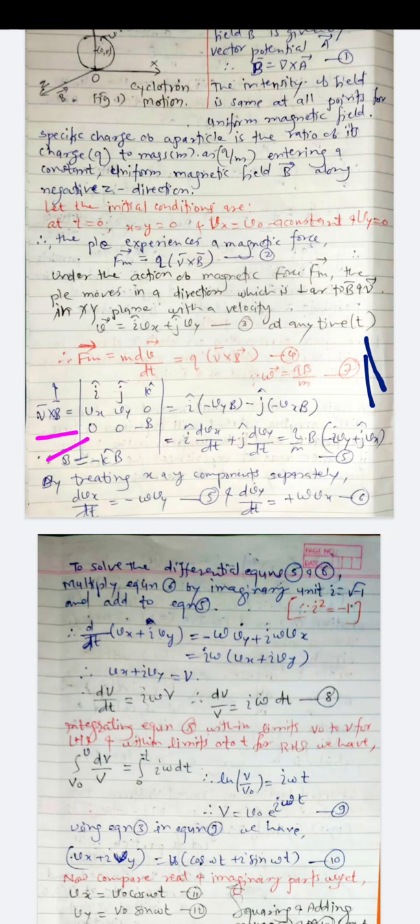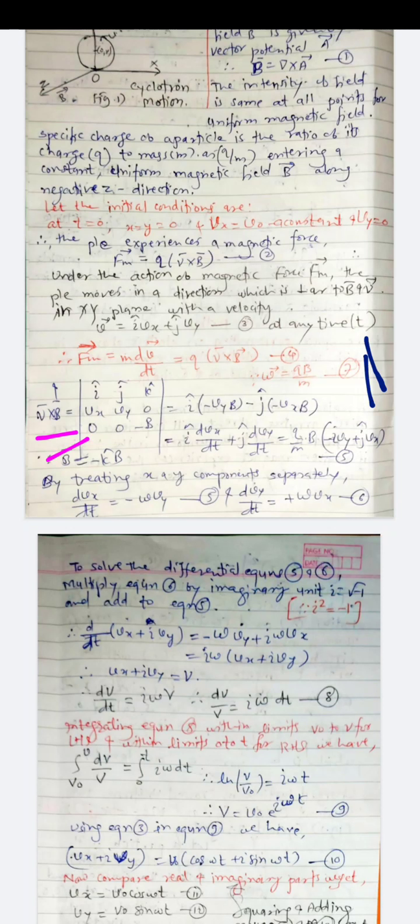The second row is of velocity vector components as Vx, Vy and 0, which is expressed in equation number 3. And the third row is of magnetic field vector components, that is 0, 0, minus B. Why 0, 0? Magnetic field vector component along x direction is 0, along y direction is 0, and it has component along negative z direction as minus B, and that is why the third row of the determinant is 0, 0, minus B.